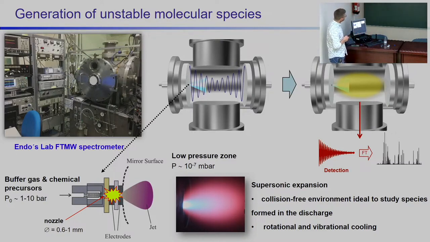And when the gas is crossing this part, we induce an electric discharge between two electrodes, and this discharge starts the chemical reaction between the chemical precursors that we have in our sample. Then the new molecules go into the chamber, and they form a supersonic expansion because there's a big difference between the pressure inside of the cavity, close to 10 to minus 7 millibar, and the pressure of the gas.